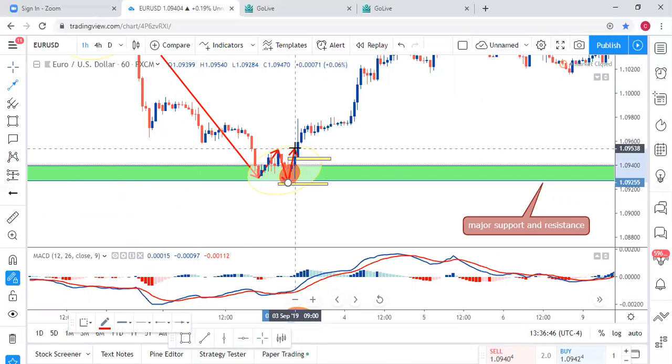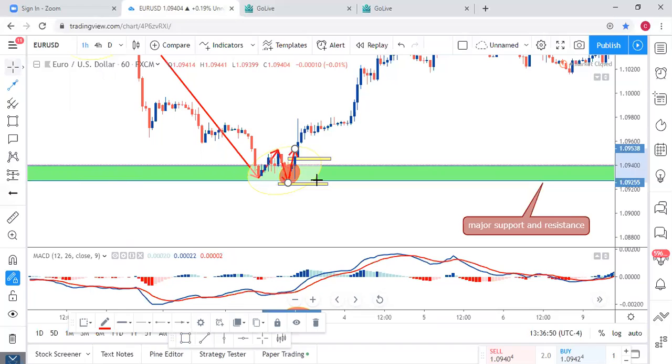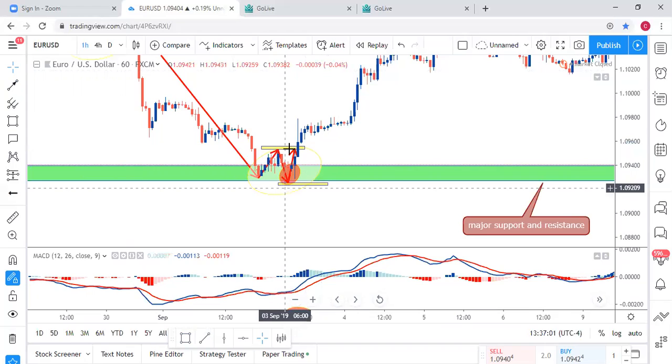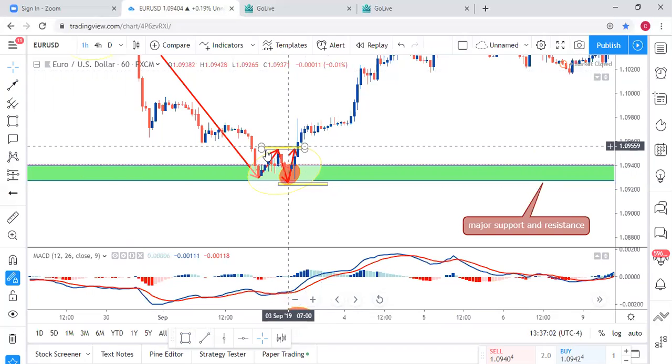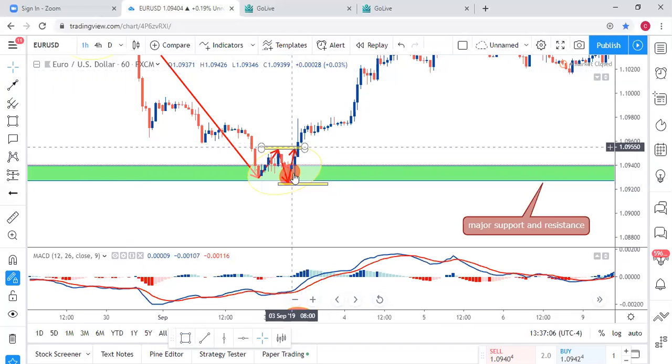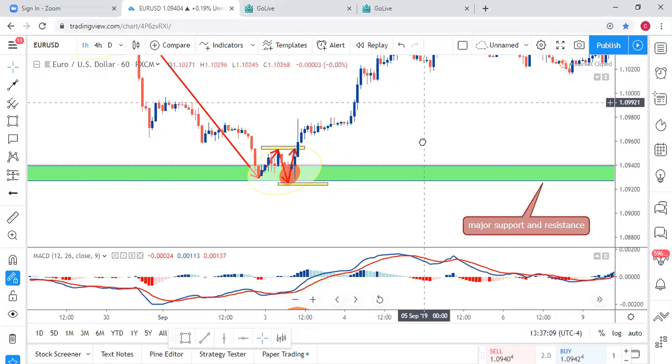Because this particular area was your area, you can have an entry here as well, but then you could have put a major entry right here because that was a new resistance in this general area. So your entry could have been just above here, stop loss just below there.